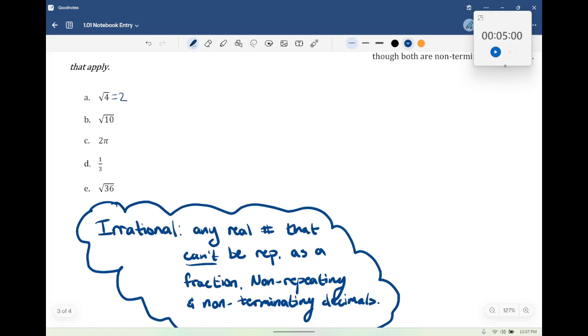And so what that means is, well, wait a second. The square root of 4 is actually just a whole number. And if the square root of 4 is a whole number, well then, there's actually no way that it's irrational. Whole numbers are definitely rational.